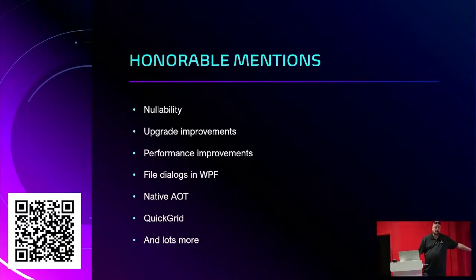Native AOT, for those of you who want faster performance on startup, etc. QuickGrid is part of the new change as well, and tons more. Lots and lots more. And this is all before .NET 10. This is all .NET 9 back. So this is all stuff you can use today, and hang on to your butts because .NET 10 is coming with lots more changes. So I encourage you to keep up to date.